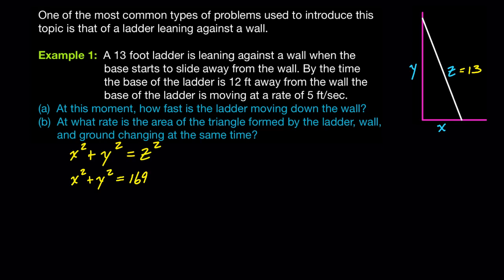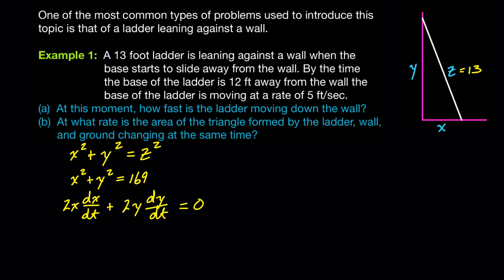So after we substitute values that are constant throughout the problem into our equation, we can now differentiate. Differentiating the left side with respect to t, time, you are going to get 2x dx/dt plus 2y dy/dt, and the derivative of 169 is 0.